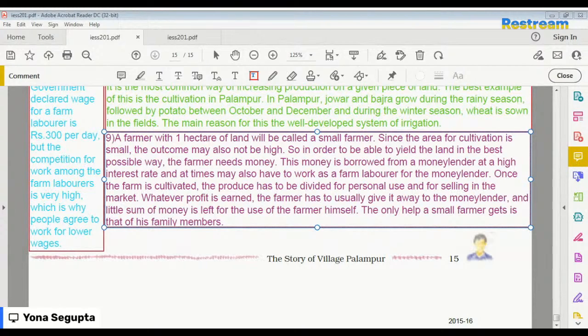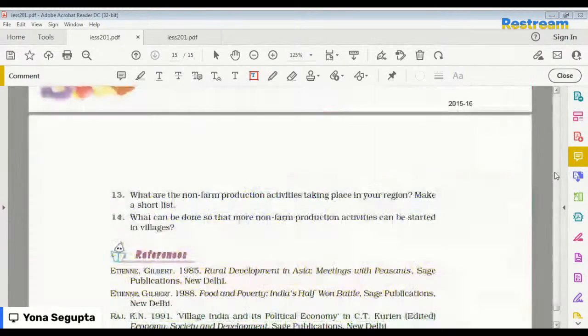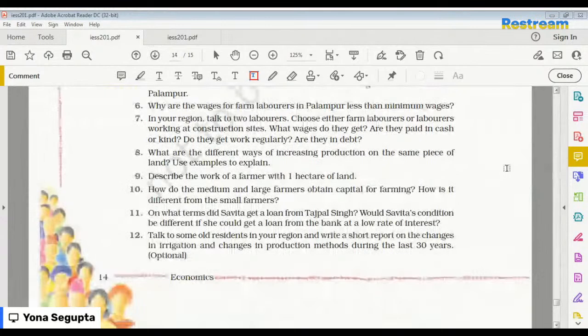Now the question is number 10. I hope you can see the screen. Number 10 is, how do the medium and large farmers obtain capital for farming, and how is it different from the small farmers?